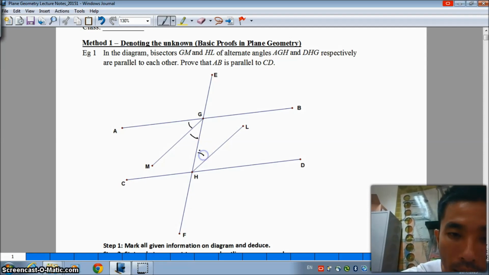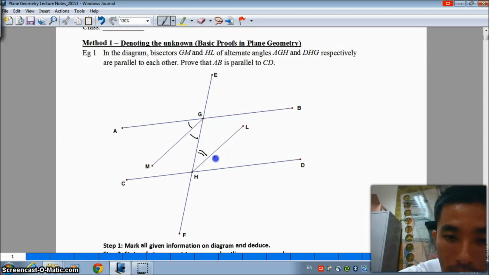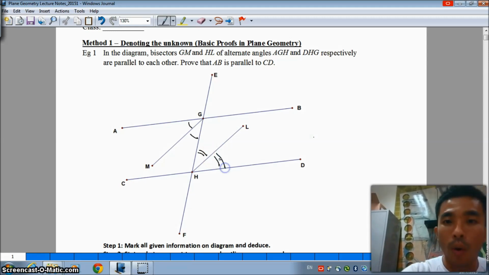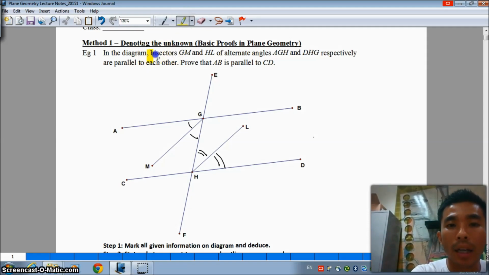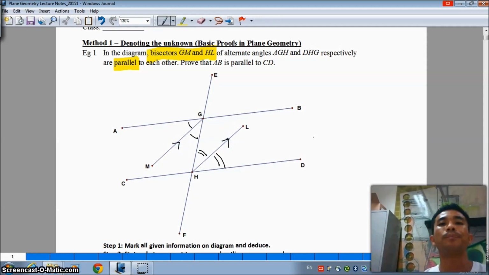So, angle LHG as well as angle LHD must be equal. And you have seen over here that the two bisectors are actually parallel to one another. Without further ado, I'm going to write down that they are actually parallel to one another.